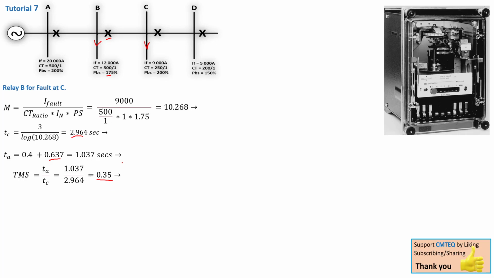The same way we use the TMS that we got when calculating this fault for relay D to calculate the actual time of relay C for a fault on C, is exactly the same procedure we're going to use with the TMS that we are getting for the fault on C to calculate the actual time for the fault on B. I hope I'm making myself understood, because it's a bit tricky, but once you understand it, you'll know what's going on.